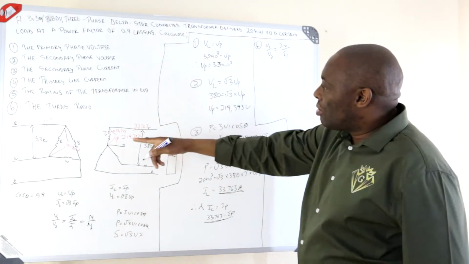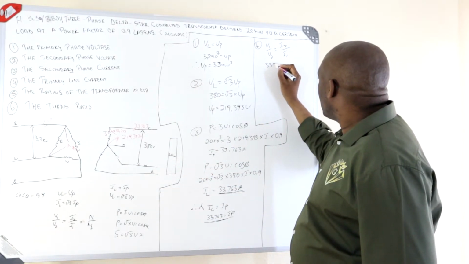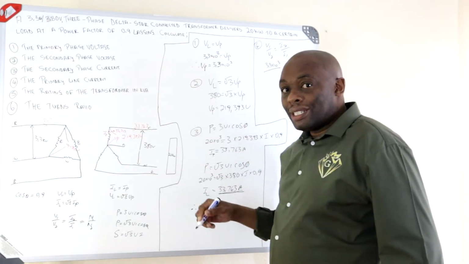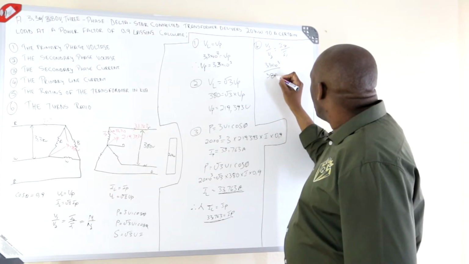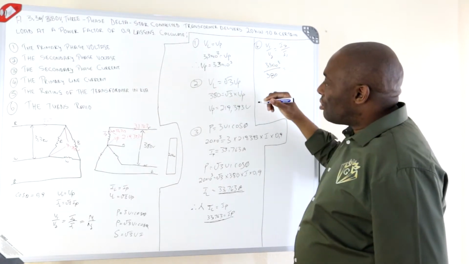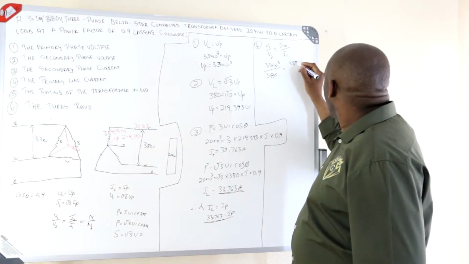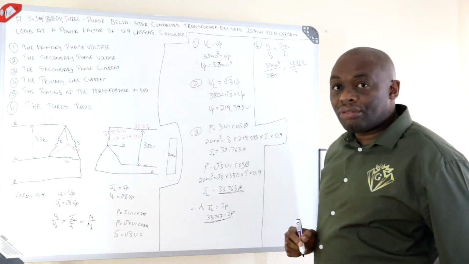So let's go and look. Our V1 is 3.3 kV, and our V2 is 380 volts. Our I2 is 33,763, and we are looking for the value of I1.